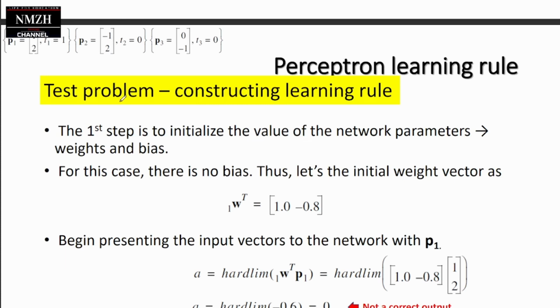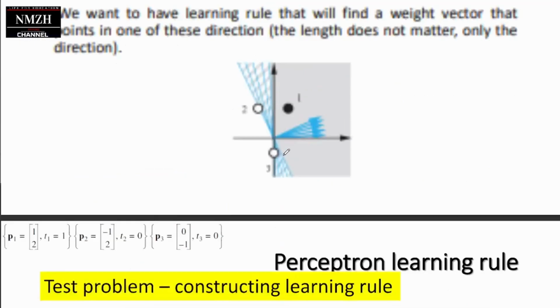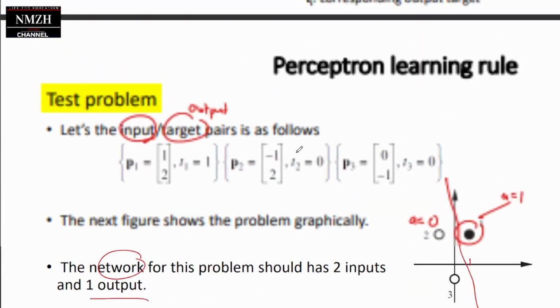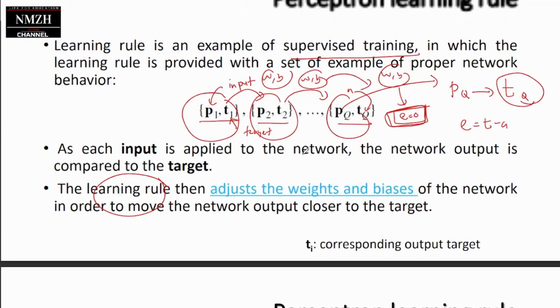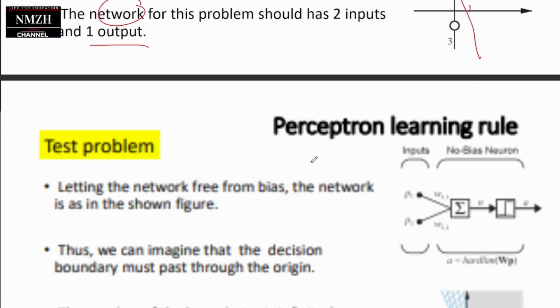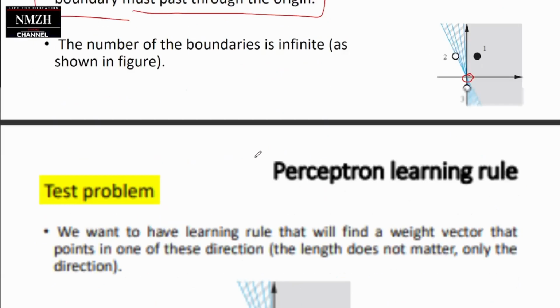Now we need to initialize the weight and bias ourselves. Since the bias is considered to be 0 at the moment, where is it stated? Okay, here, free from bias.